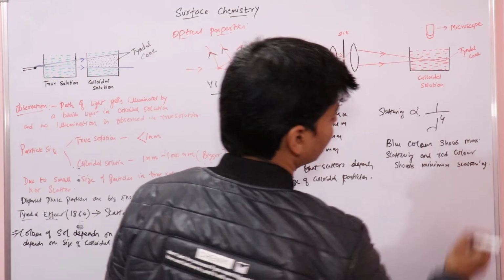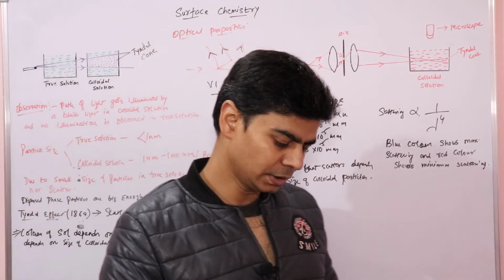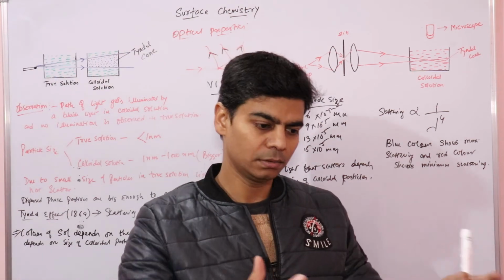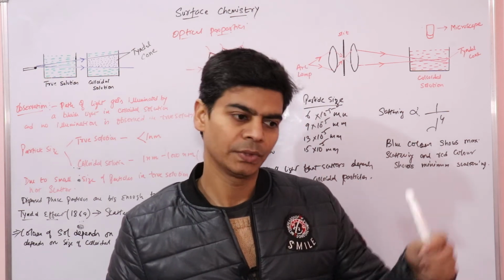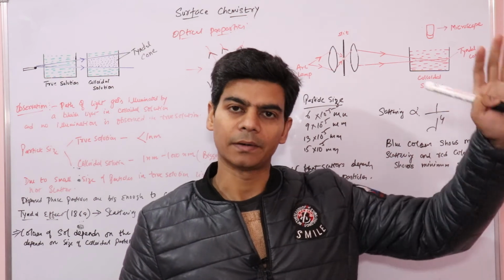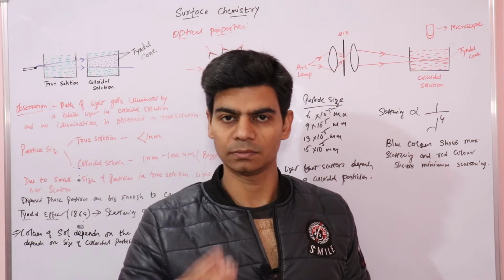It is due to this reason that in the clear sky, when the sun rays reach us, the sun rays in air get scattered by the colloidal size particles of air.